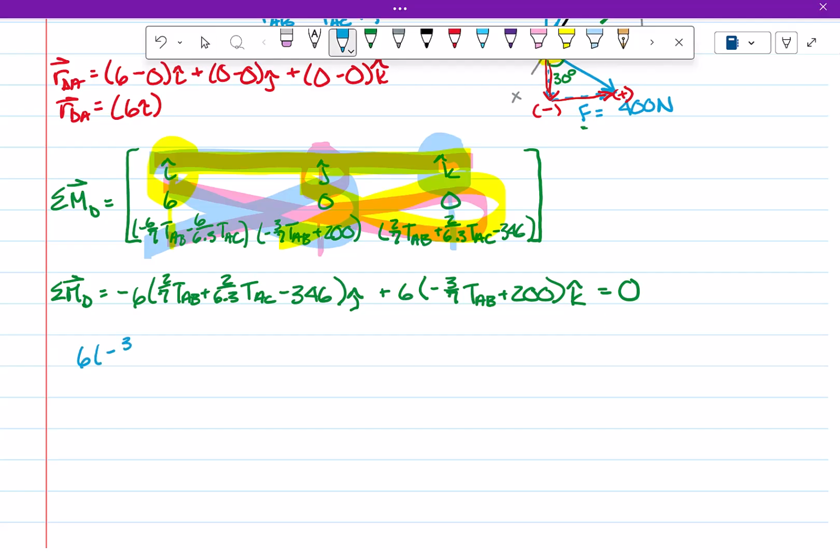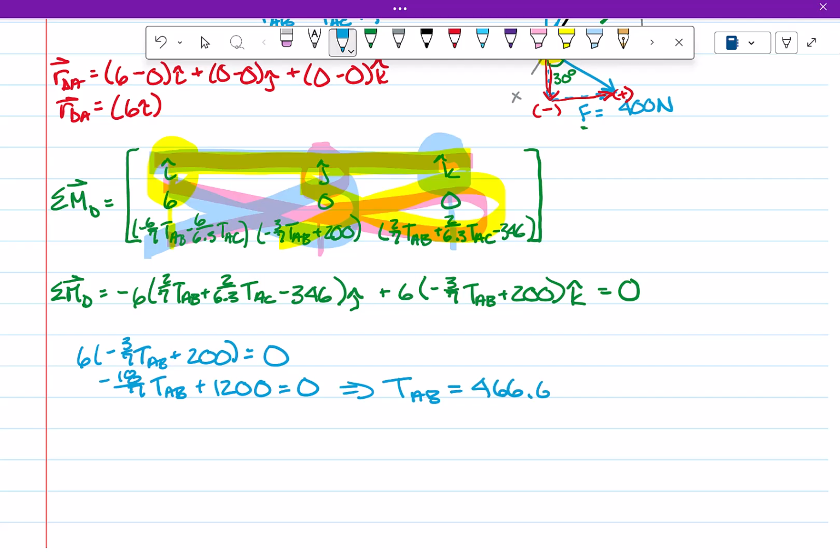And so you can go ahead and solve through. 6 times 3 is negative 18/7 TAB plus 1200 equals 0. Therefore, my tension in AB is equal to 466.66, and onward. And as I told you before, we typically take it in 3 significant figures, so this would be 467 newtons.